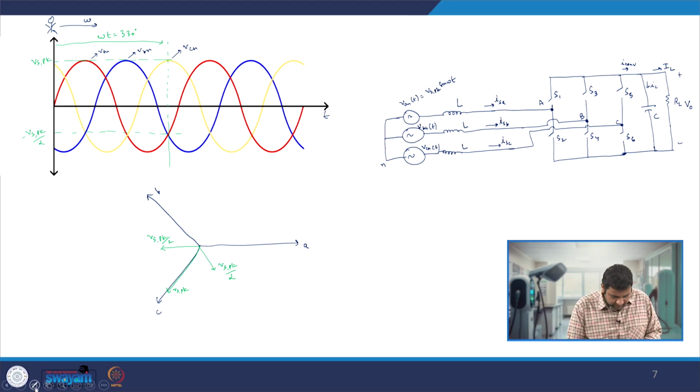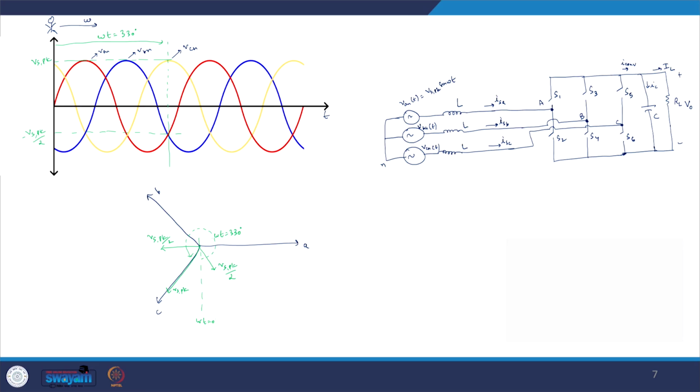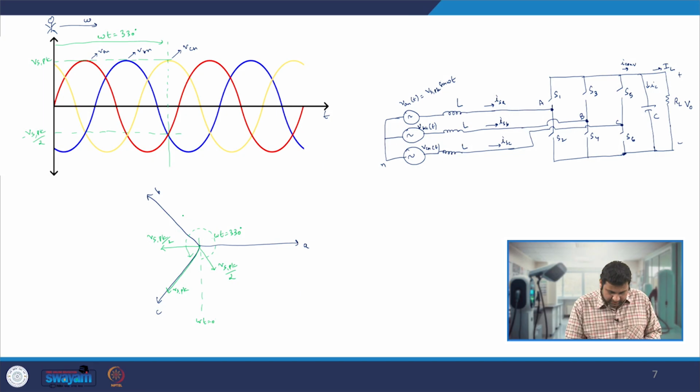If this is omega t equal to 0 degrees, you have displaced by omega t equal to 330 degrees, making this particular angle.